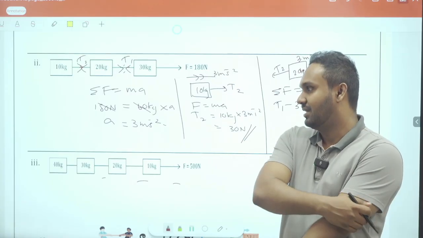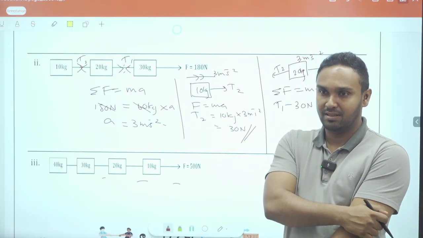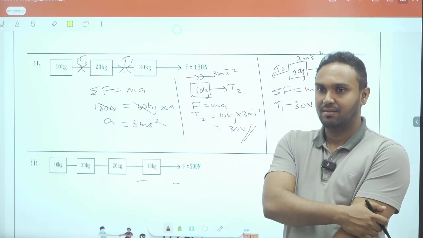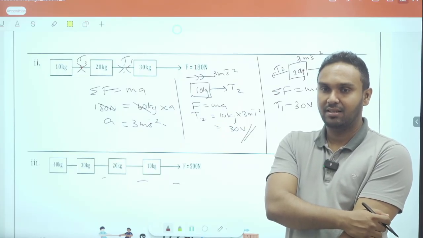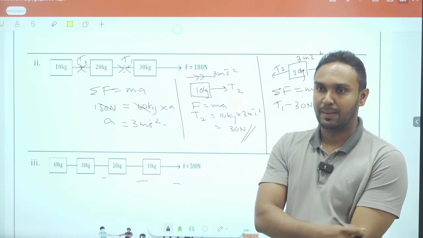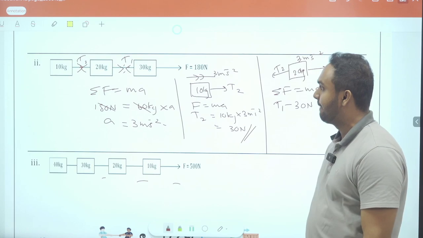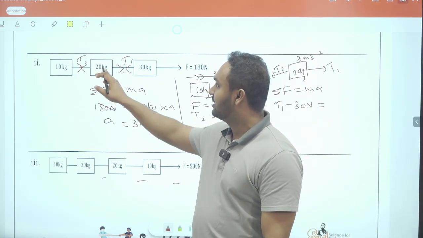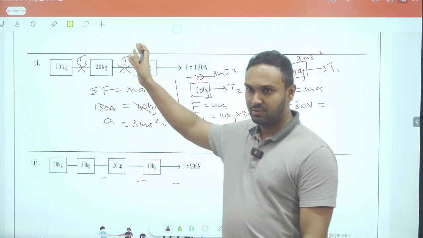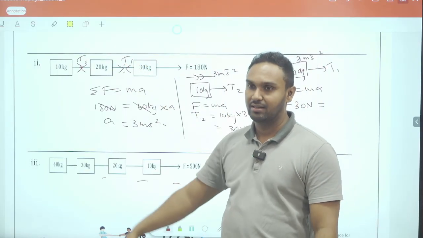Bro, you can't do it like that. That's only for the last object, because it doesn't have any other forces. If there are any other forces, you have to take the resultant force. You can't do it like that, because there are two forces acting.